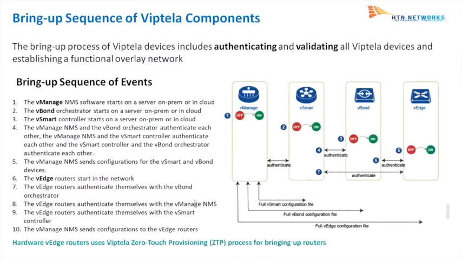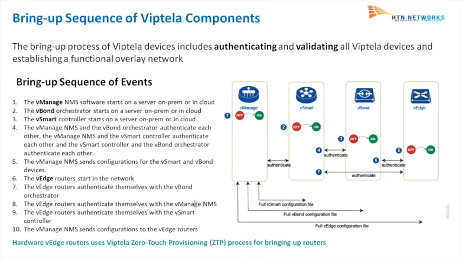So this is the bring up sequence of Viptela components. When we bring up the Viptela network, this is the process. When we bring up the Viptela devices, it includes the authentication process and validation process. All Viptela devices authenticate each other, and then once everything is authenticated, the overlay network comes up.